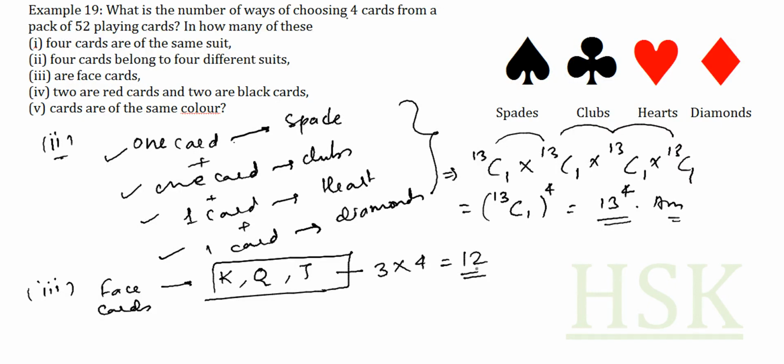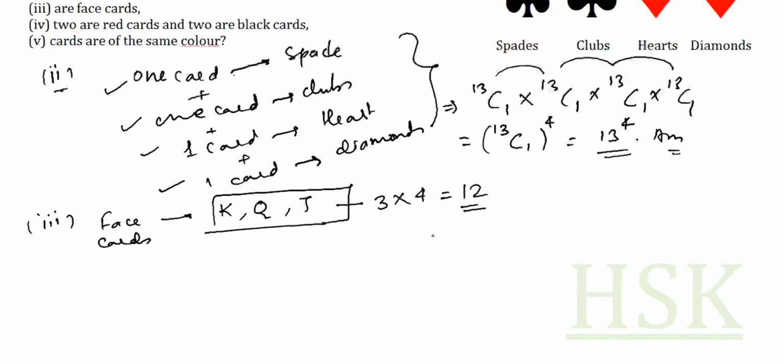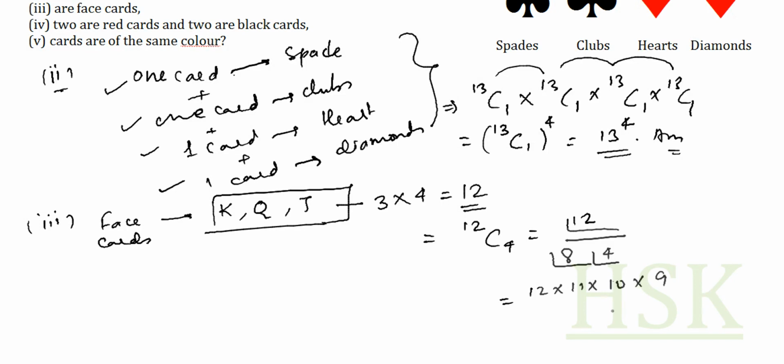So the total number of ways of selecting 4 face cards is 12C4, which is 12 factorial upon 8 factorial into 4 factorial. This is 12 into 11 into 10 into 9 upon 24. This cancels out to give 2, this cancels out to give 5. So this is 55 into 9, which is 495 ways.